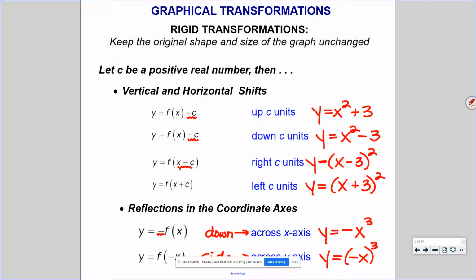However, if you see a plus, minus, or a negative applied to the inside portion of your function, you can look over here to the right to see what that means. Then you are describing a horizontal movement. That means you're moving either left or right, or you're flipping the graph across the y-axis, which would be a side-to-side flip.